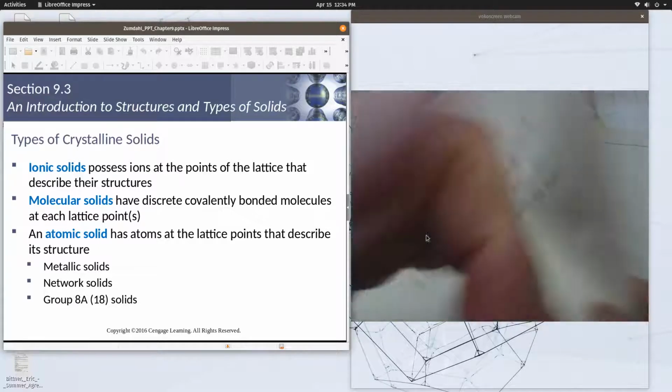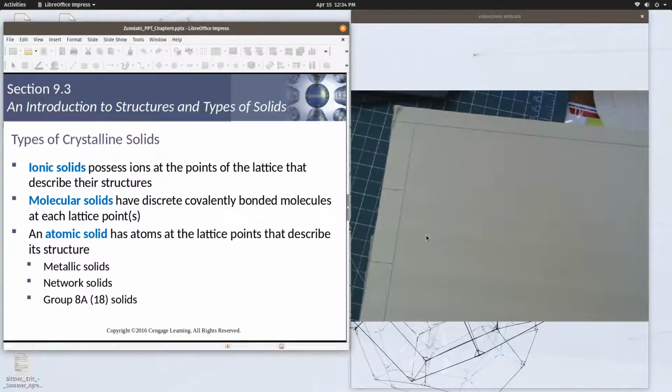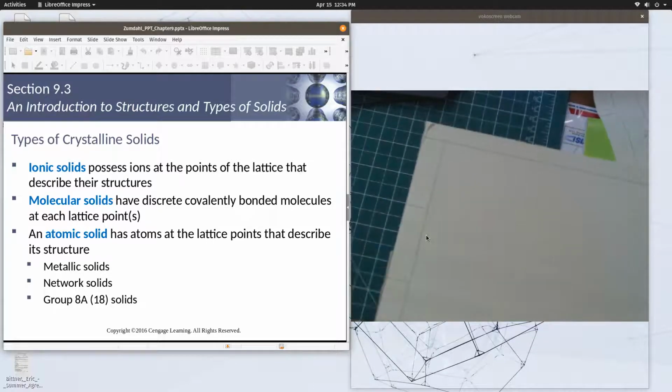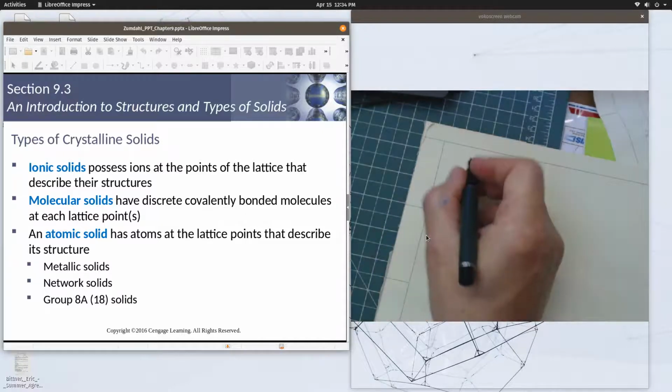Now, the property of a solid is determined by the interatomic forces, obviously, and there are multiple kinds of crystalline solids. What's called an ionic solid, for example, sodium chloride, is an ionic solid. The atoms in sodium chloride, NaCl, are held together as ions.